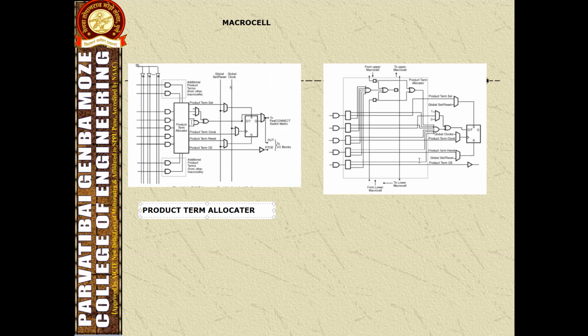The main application of the product term allocator is to control the product terms, and the product terms are combined with the product terms from the below or above flow, S6, S7 and G2. To increase the logic capacity of the macro cell, the product term allocator is used in the function block. So this is all about the product term allocator.